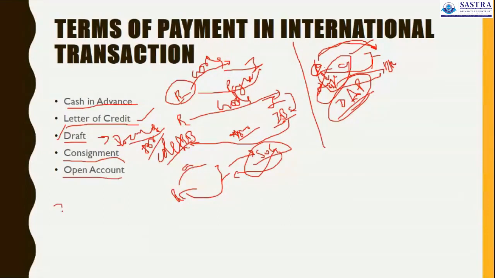And the open account is normally for a period of 30 days, 60 days, or 90 days. During the period the open account is given, the importer can get the goods from the exporter, and it will be recorded for the period. For example, during the 30 days, on the 7th day the importer has ordered goods with a value of 10 lakh.